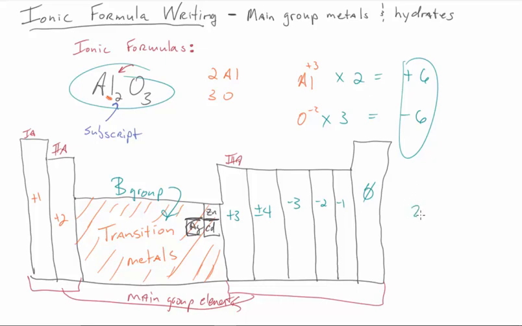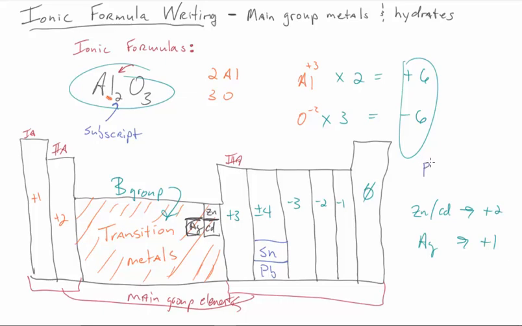But zinc and cadmium always have a +2 charge. Silver always has a +1 charge. This will become really important later on as we start tying together all the different types of ionic compounds that we've got. And then there are 2 other elements I'm going to look at today, Sn and Pb. That's tin and lead.